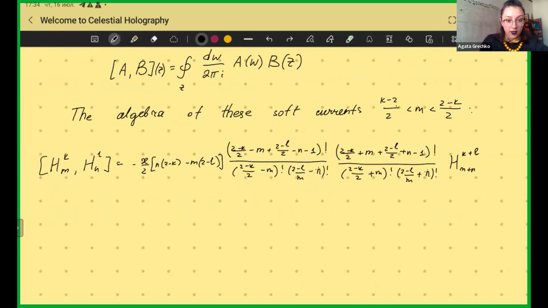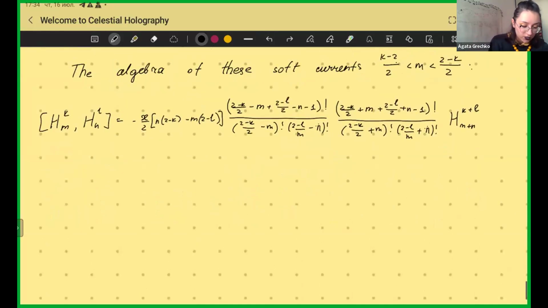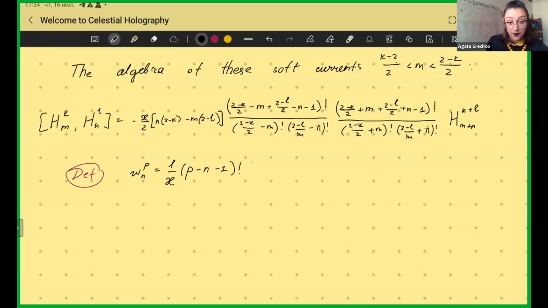So now, if we do the following transformation, if we redefine our currents to get this commutation relation in a simpler form. If we do such a substitution, 1 over kappa, p minus m minus 1 factorial, p plus n minus 1 factorial, and our soft graviton 2p plus 4.